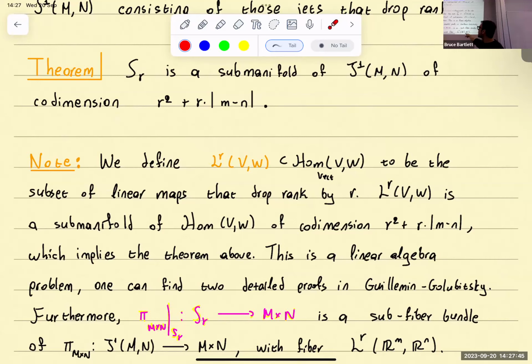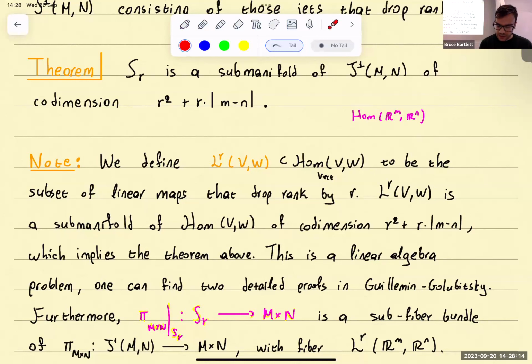So R^m and R^n are vector spaces, and I can write down Hom from R^m to R^n, which is the space of all linear maps from R^m to R^n.